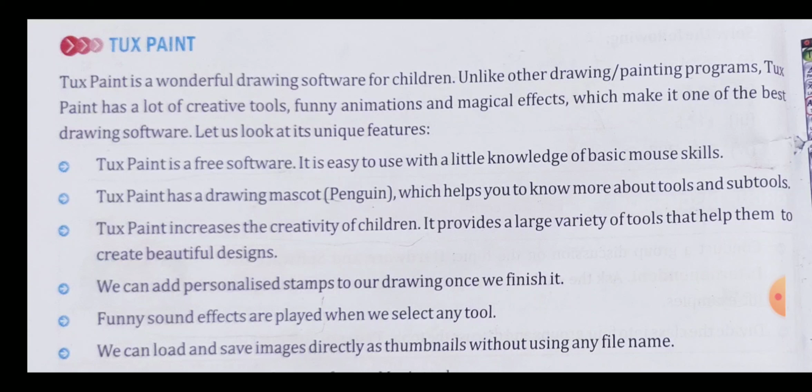And last one is we can load and save images directly as thumbnails without using any file name. Whatever you draw on Tux Paint, you can save it in Tux Paint without giving any name. Okay, so these are the features which make it the best drawing software.